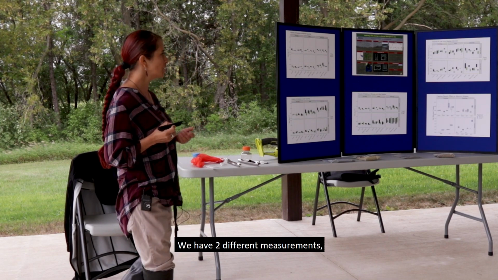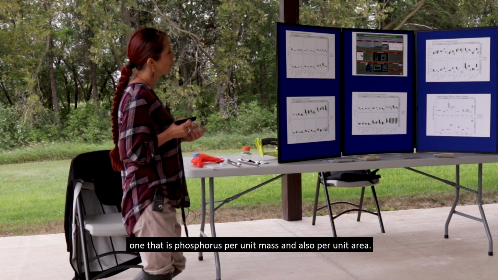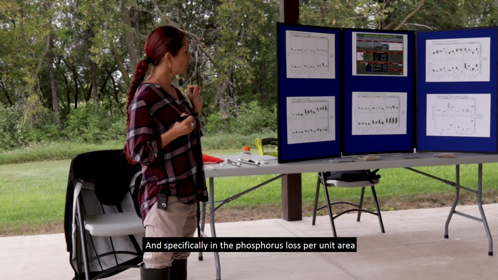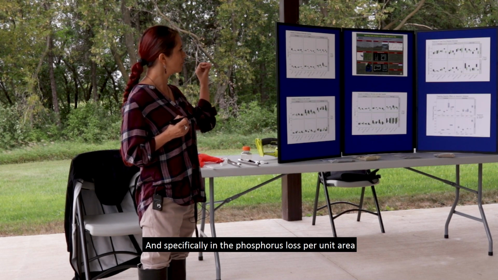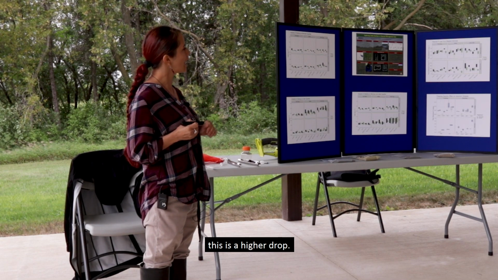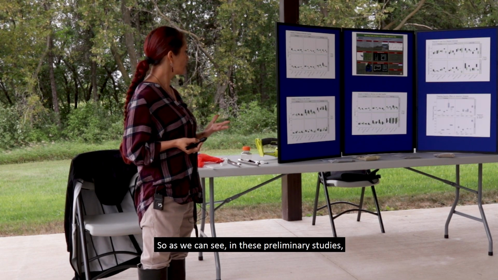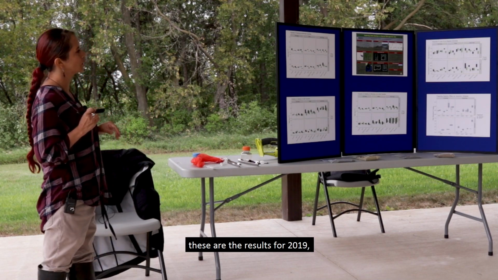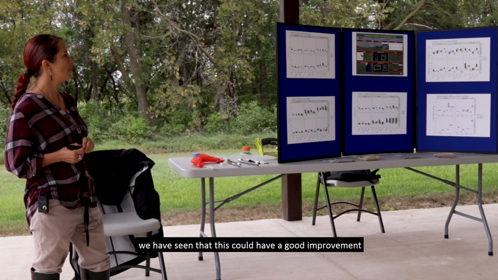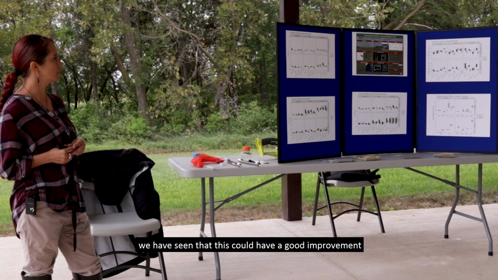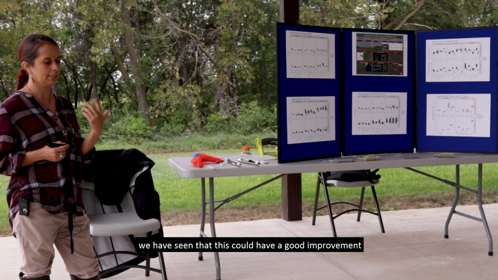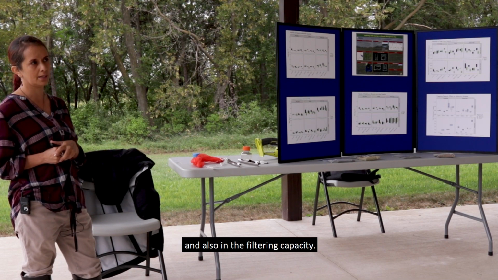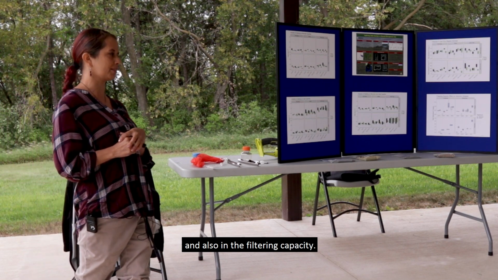We have two different measurements, phosphorus per unit mass and per unit area, and specifically in the phosphorus loss per unit area there is a higher drop. So as we can see in these preliminary results for 2019, this could be a good improvement for riparian area management and also for filtering capacity.